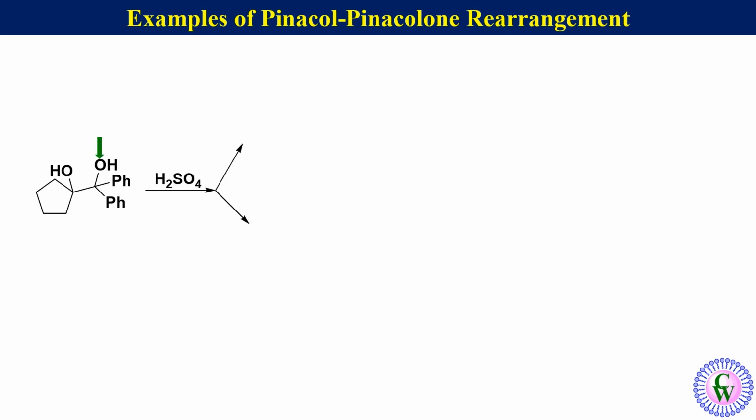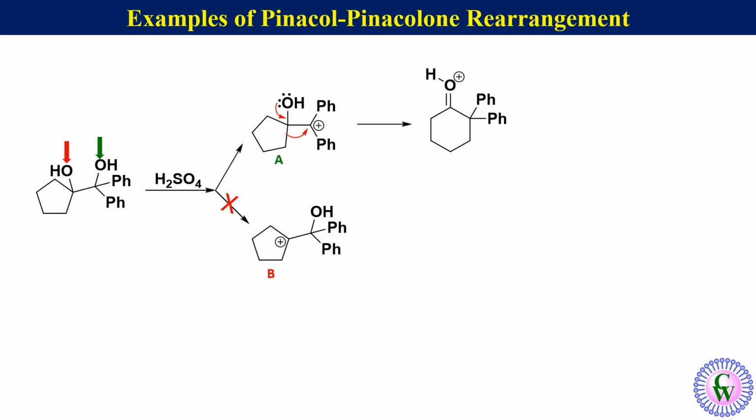Removal of this alcohol can give carbocation A, or removal of this alcohol can give carbocation B. We can see that carbocation A is more stable than B, so A is selectively formed, which after ring expansion gives protonated 2,2-diphenyl cyclohexanone. Deprotonation gives 2,2-diphenyl cyclohexanone.